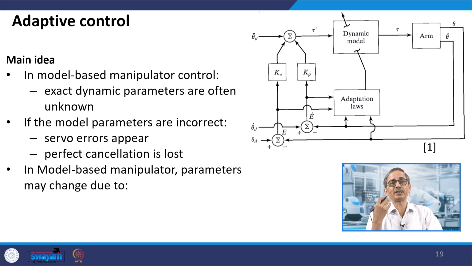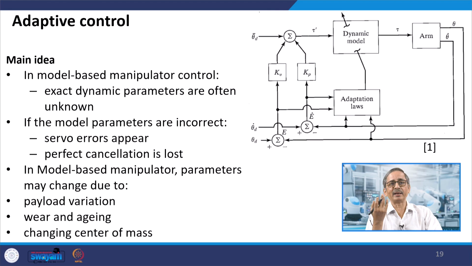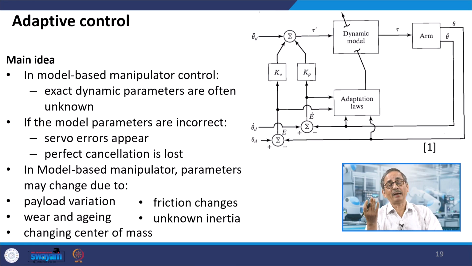In model based manipulators, parameters may change due to several reasons: payload variation, wear and aging of components, and changing center of mass position. You may have frictional changes also, and we may also have unknown inertia.